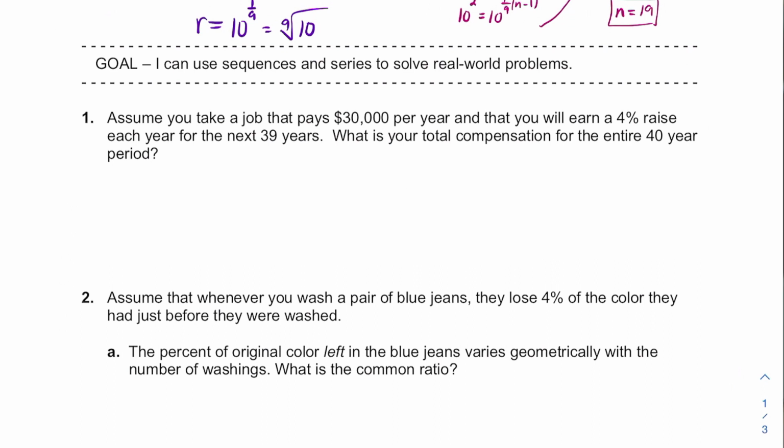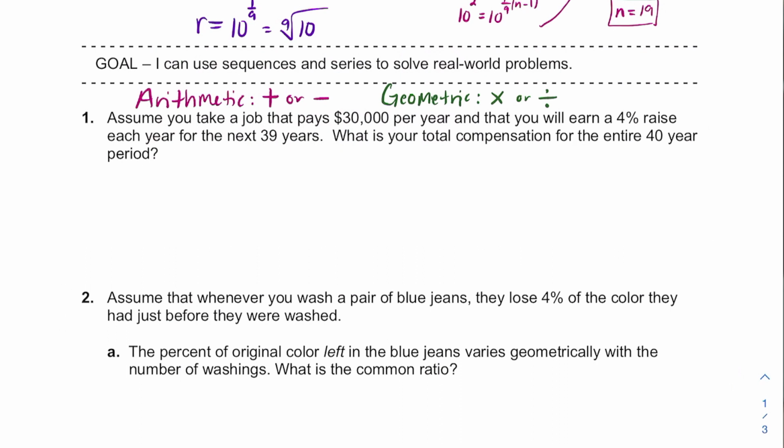So the big idea here is if it is arithmetic, we're going to be adding or subtracting by a common number each time. If the situation is modeled by a geometric sequence or series, we are going to be multiplying or dividing to get to our next value in our list or in our situation.